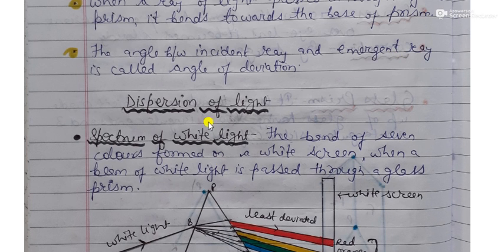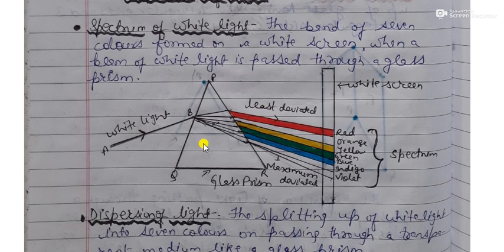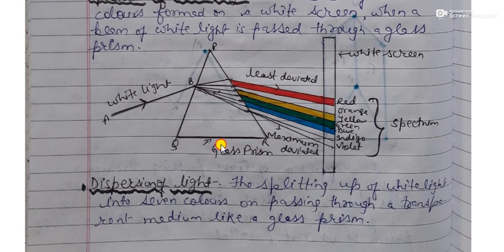So students, dispersion of light is the process of splitting of light into seven colors. Okay, this white light is splitting into seven colors when it is passing through a glass prism. So dispersion of light is the splitting of white light into seven colors on passing through a transparent material like a glass prism.